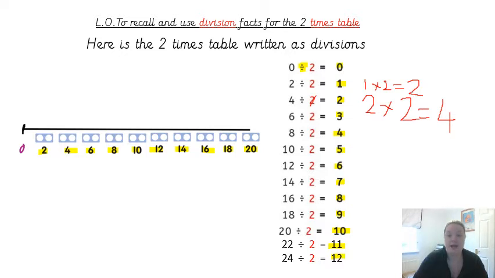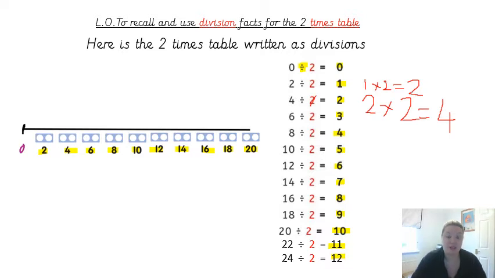Now, yesterday when we were talking about the 2 times table, I was saying that when you're doing the 2 times table, it is doubling. So 2 times 2 is basically double 2, which is 4. Does anyone notice what you can see about the division facts of the 2 times table?